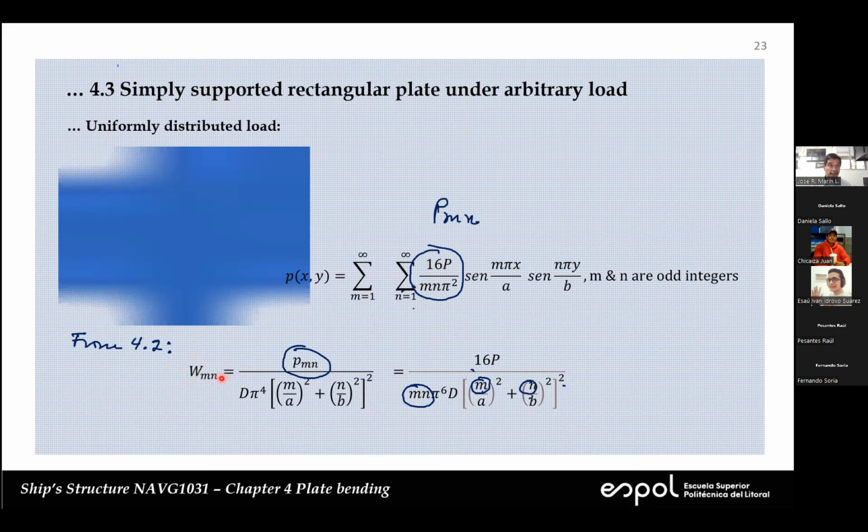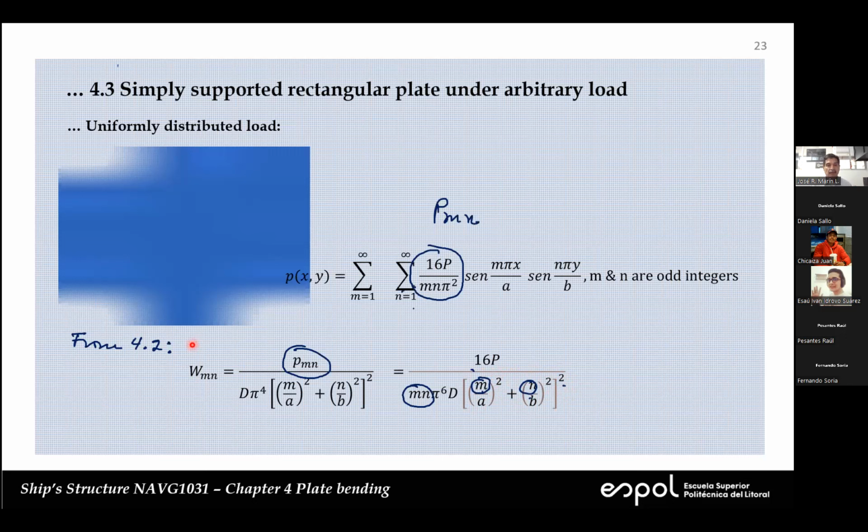For W, the deflection, which is what we want to calculate, it's even better, because we have m and n to the square into the square. That means that if m or n is equal to, say, 10 or 11, this is going to be 10 to the square into the fourth, so it's going to be very small.